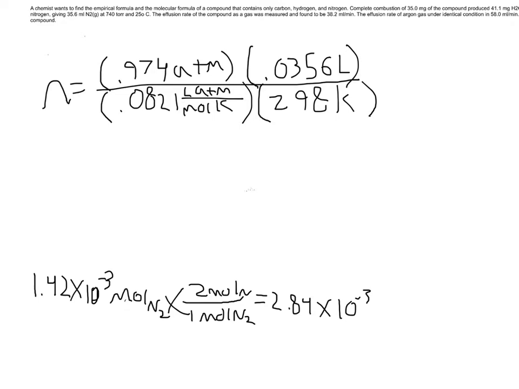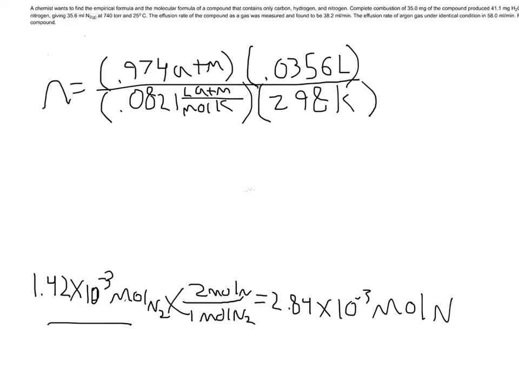Okay, so what I did was I solved for moles of N2, but I need moles of N since nitrogen is diatomic. So I took the moles of N2 and converted it into moles of N. I'm going to use the moles of N later on.